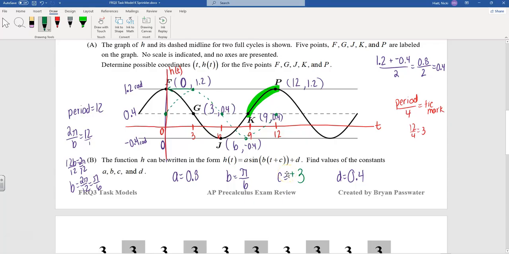Those are your only two options, right? On this graph, are we concave up or concave down? Down. Concave down here.